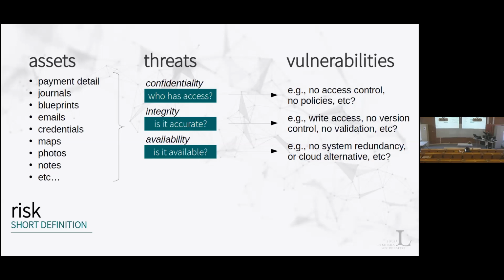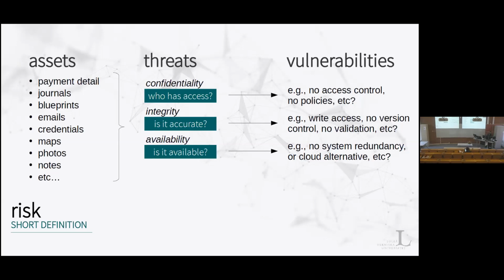Here is an example list of assets that could be in an organization that is worth protecting and that helps our operations. Threats, on the other hand, are any event or circumstance that could harm or pose damage to any of these assets. But threats are only dangerous towards us if we are vulnerable to them, if we are susceptible to these threats.